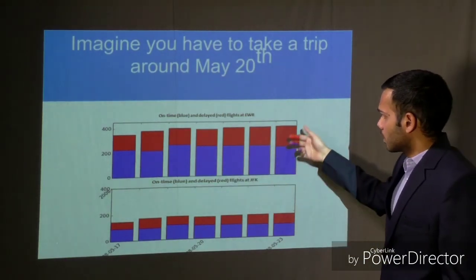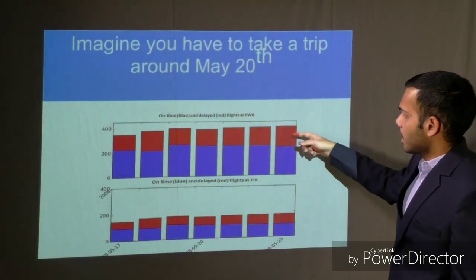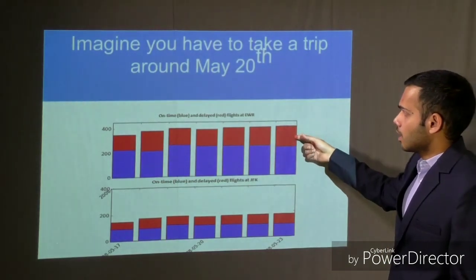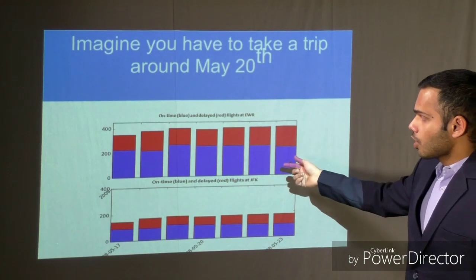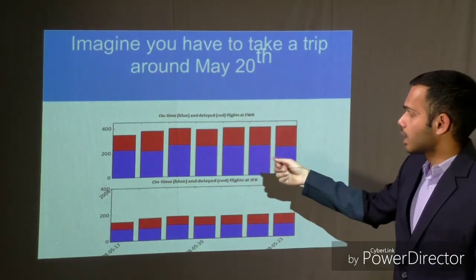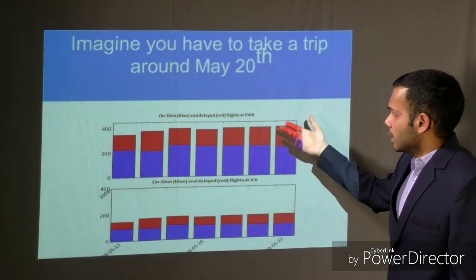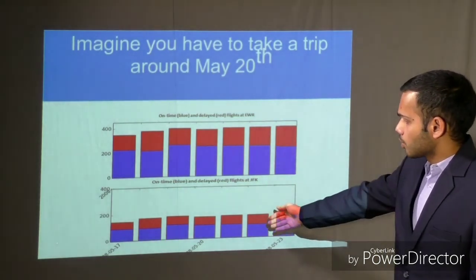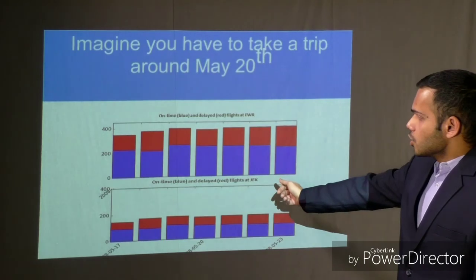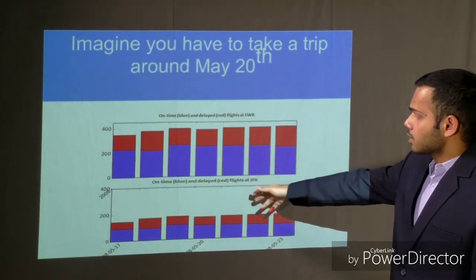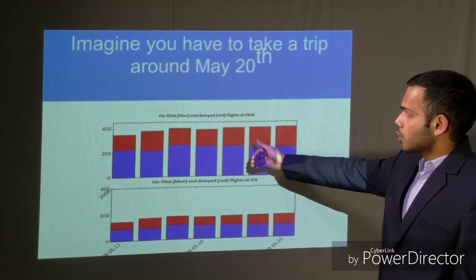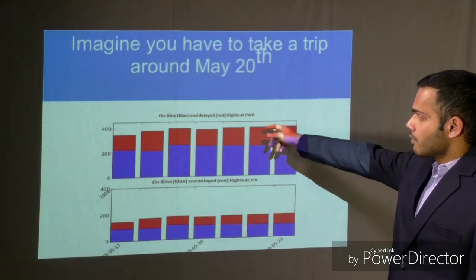If you see the graph here, the red values represent the delayed flights, and the blue represent the non-delayed flights, that means the on-time flights. The probability of delay in Newark is much lower as compared to JFK, so in this case it is better for the traveler to travel from Newark airport.